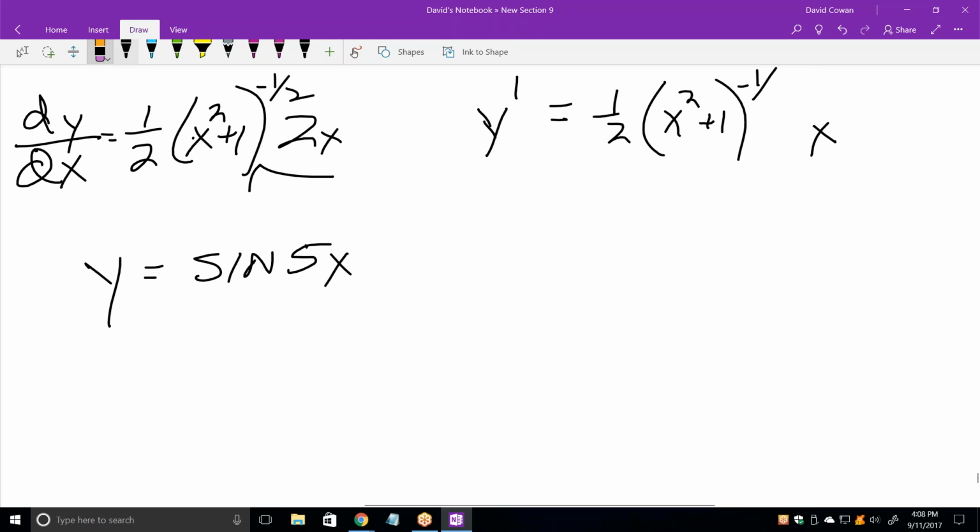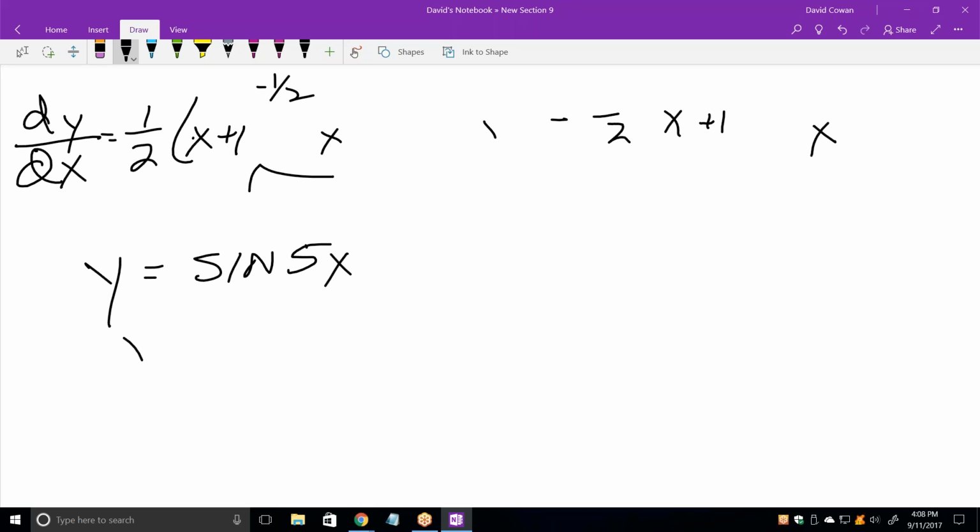Yes. Now what's the derivative of the outside? What's the derivative of sine? I don't know. They haven't taught you the derivative of trig functions yet? No. Okay. Well, it's cosine. So there's the derivative of the outside. What's the derivative of the inside? 5. Exactly.